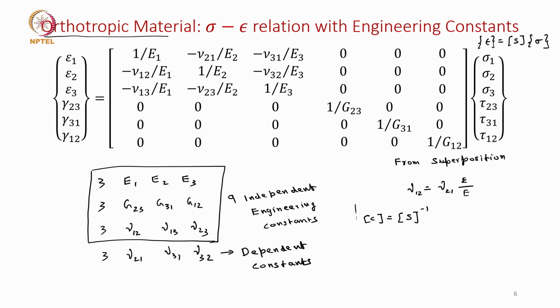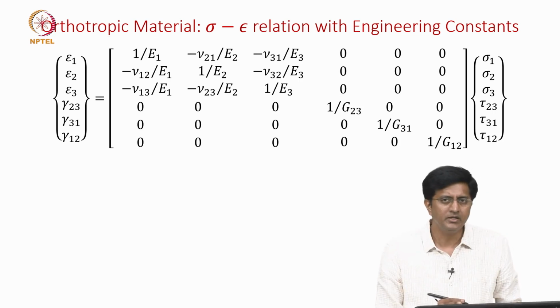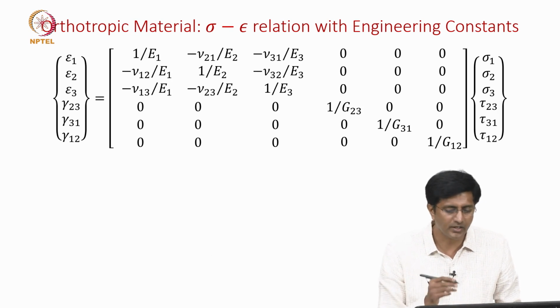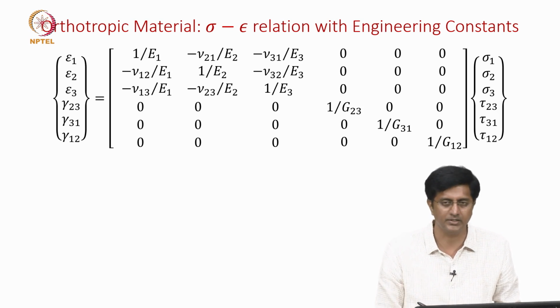But this is an important observation, that both the stiffness and the compliance matrix can now be written in terms of these engineering constants. In the previous slide we have seen for the orthotropic material how we can write them in terms of the engineering constants, which is again shown in this slide here.